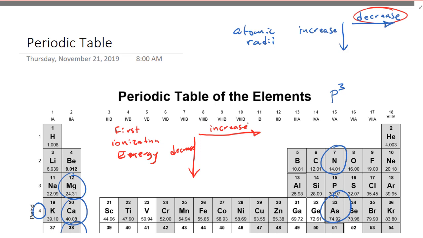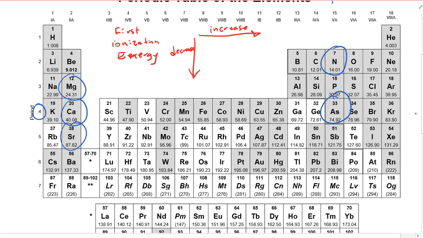And then as we go down within a group, we didn't calculate this at the time, but if we had to approximate the effective nuclear charge going down within the group, what is the approximate effective nuclear charge for all of these here in group 1A? They all have one valence electron. So if they all have one valence electron, the approximate effective nuclear charge in all of these is going to be about 1 positive.